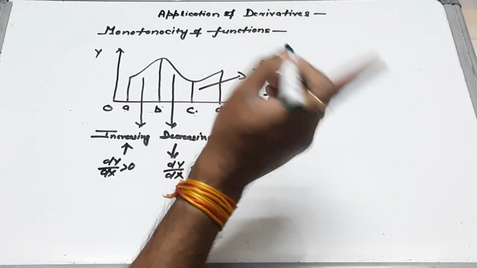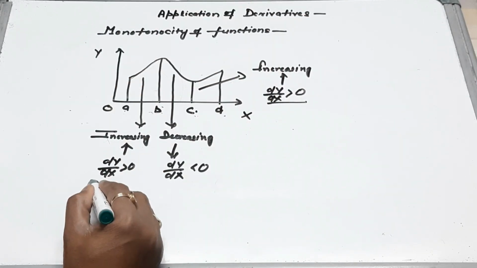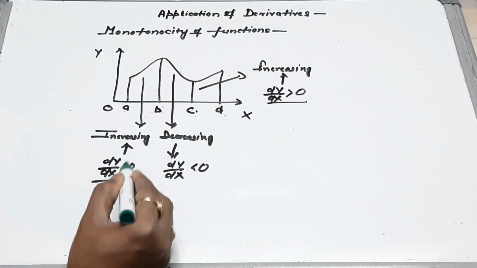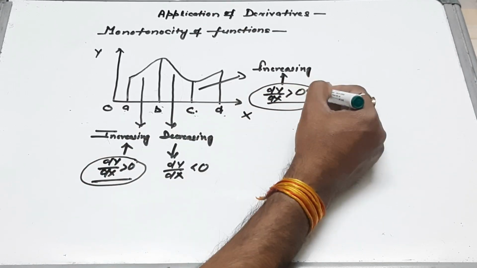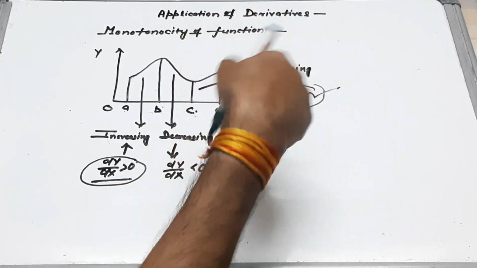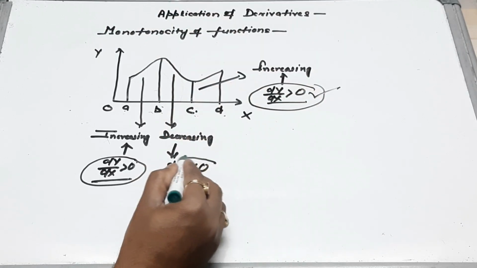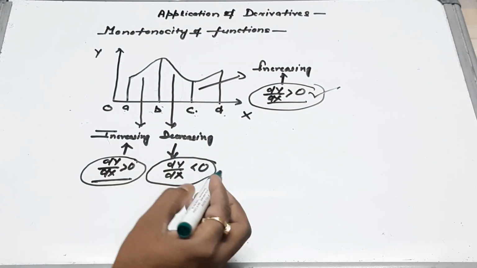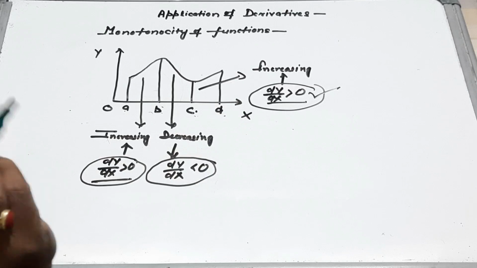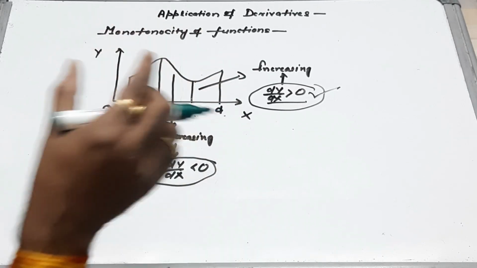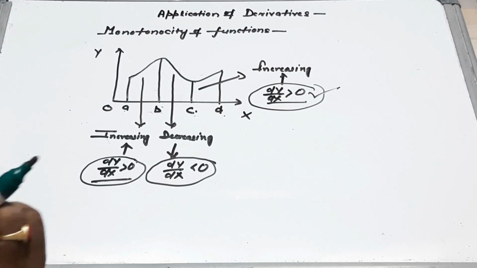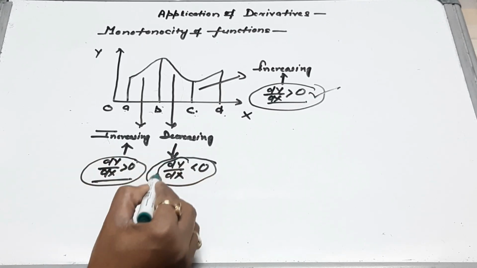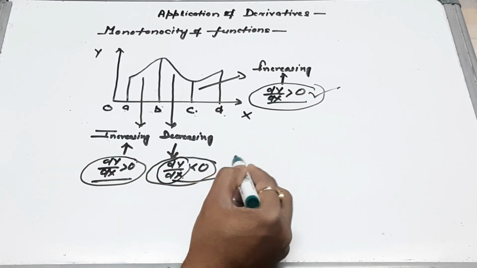Or in the reverse case, the interval where dy by dx comes greater than 0, in that portion function is monotonically increasing, and the portion where dy by dx is less than 0, in that portion function is monotonically decreasing. So actually what we have to see, dy by dx itself is a function, correct?